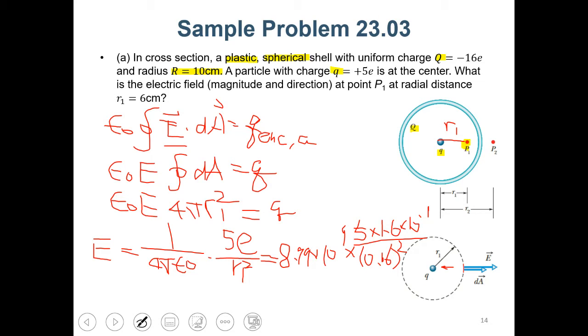It is nothing but 2 times 10 to the minus 6 newtons per coulomb, or you can write it as 2 micronewtons per coulomb.